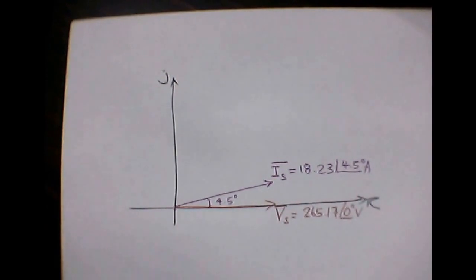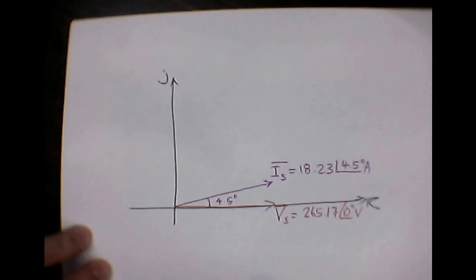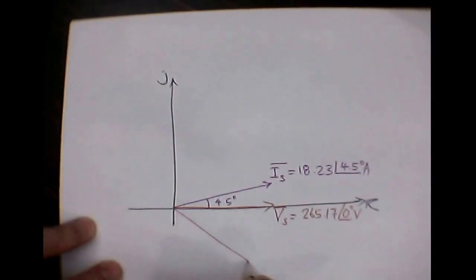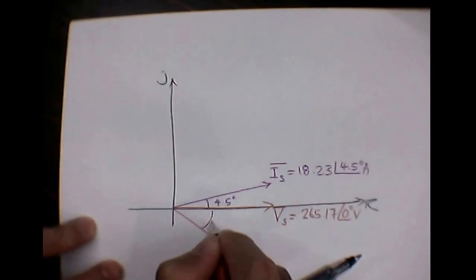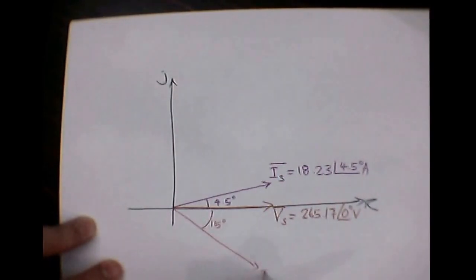I1 will be given as, because I1 is negative 15, so I1 will be down this way, 15 degrees. I1 is equal to 8.49 at the angle of minus 15 degrees ampere.